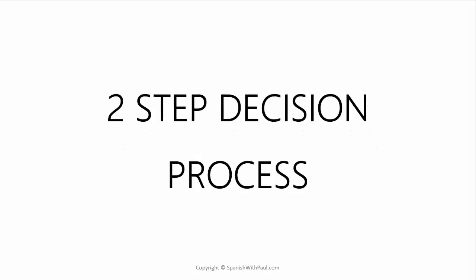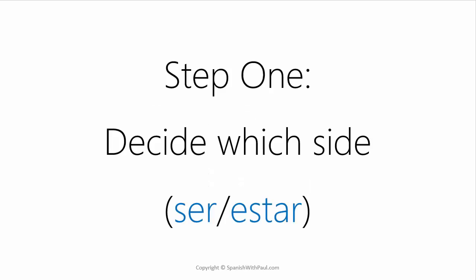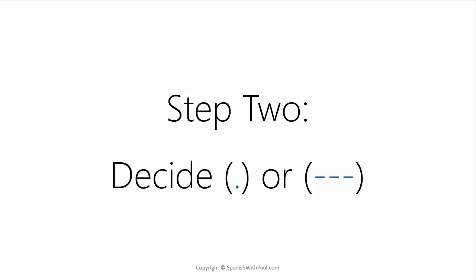So here's our two-step decision process. Step one is decide which side. Are you going to fall into ser or are you going to fall into estar? And step two is then, is it a dot past or a line past? Let's run through some examples and we'll do them together.